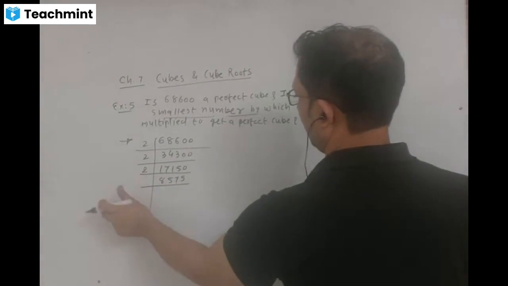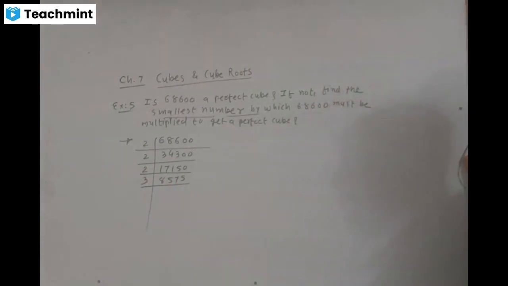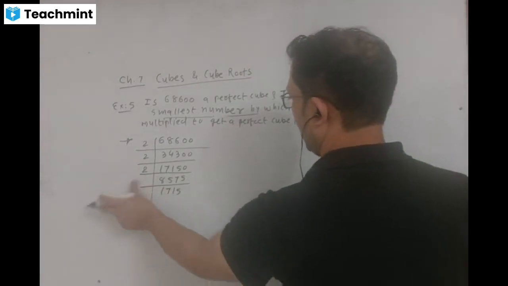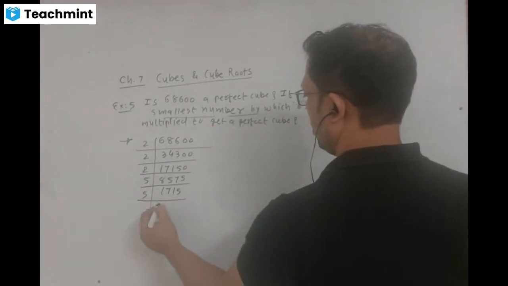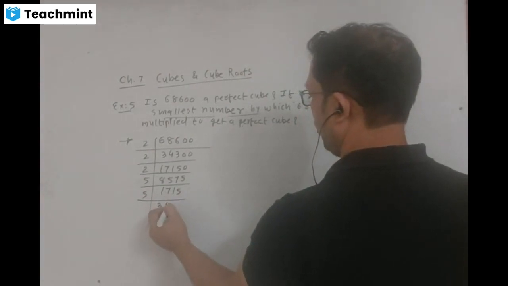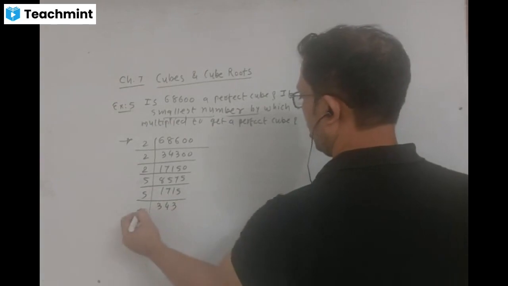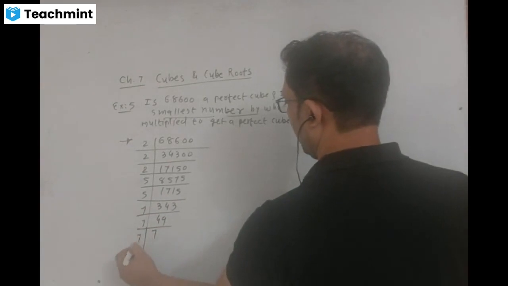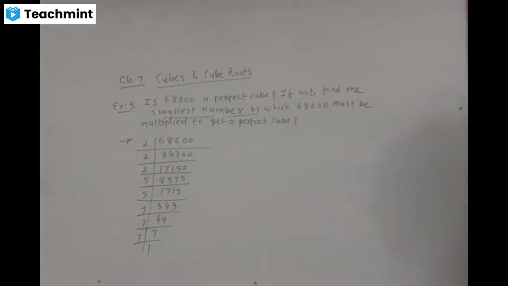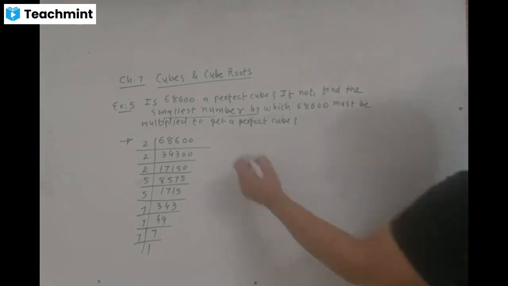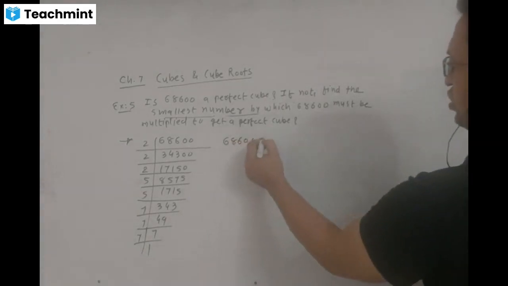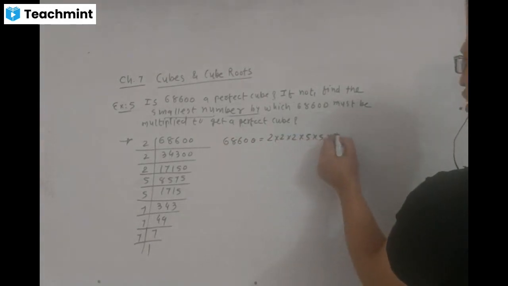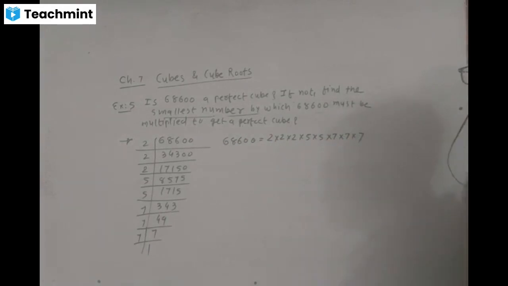Again we divide the number by 5, that is 1715. Again divided by 5, 343, divided by 7, 49, 7, 1. Therefore, 68600 is 2 into 2 into 2, 5 into 5, 7 into 7 into 7.